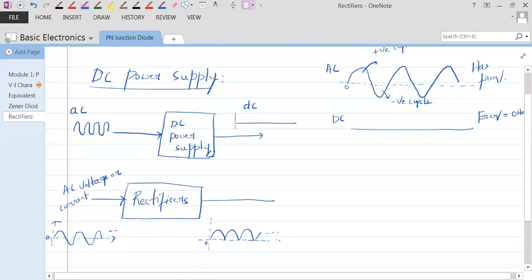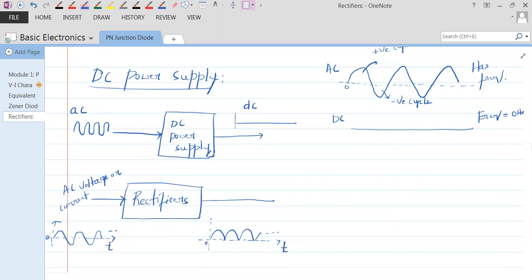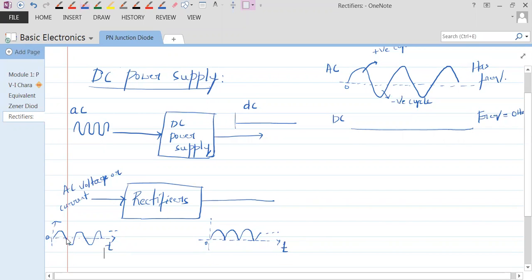This is 0, and this is time. So what's the difference? Can you make out the difference now? Anybody? Both the cycles are positive. Here you have positive cycles as well as negative cycles, but the negative cycles are not there. Understand that?